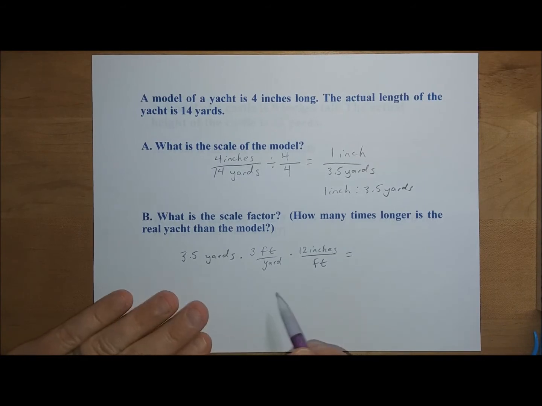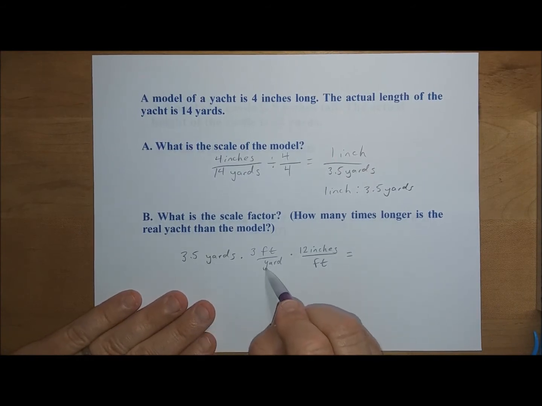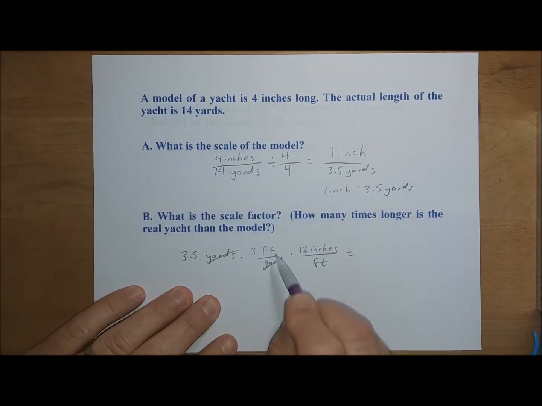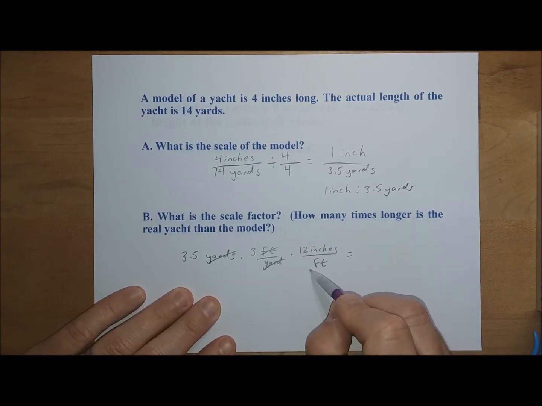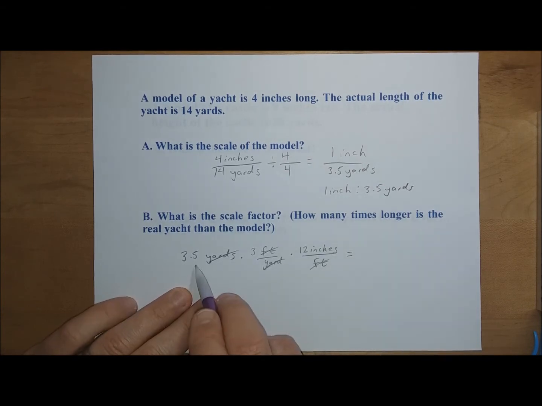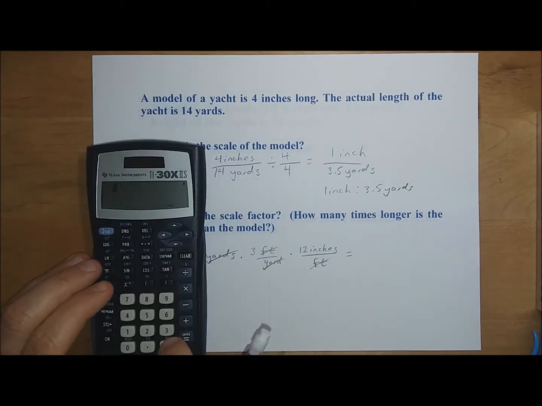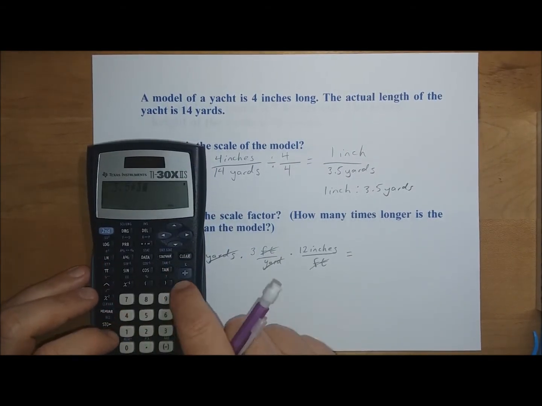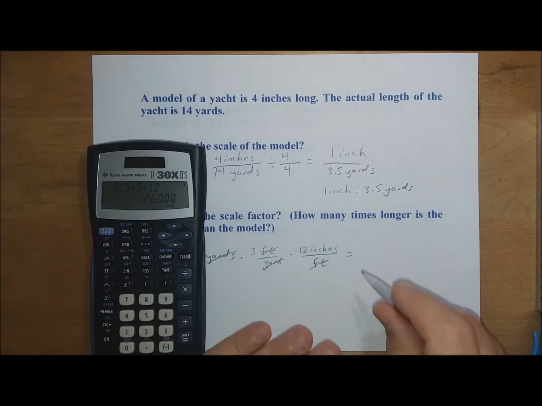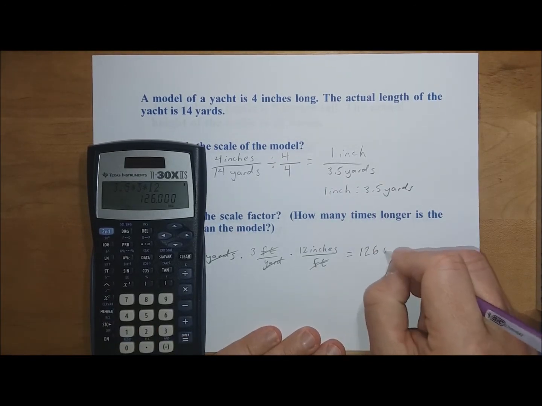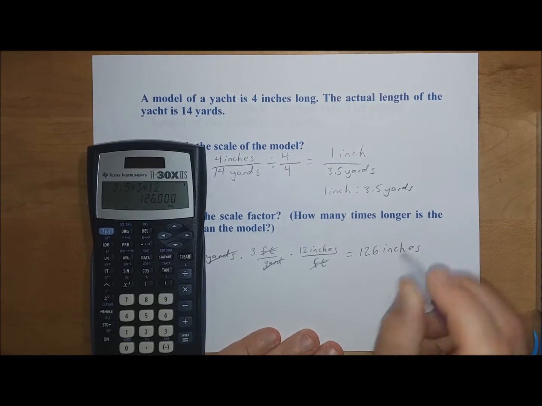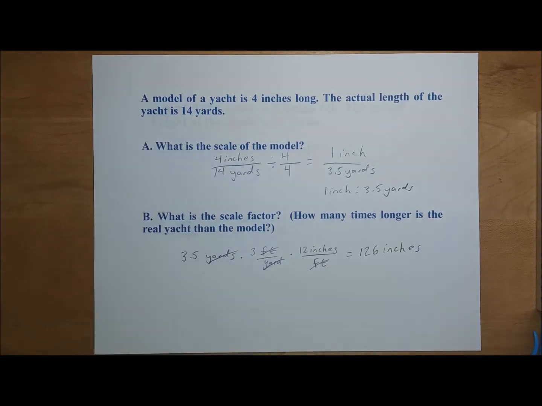Because what's going to happen here is, notice yards are on the top. They cancel the yards on the bottom. Feet are on the top here. They cancel on the bottom. So I get 3.5 times 3 times 12. And it turns out there's 126 inches in 3.5 yards. Okay.